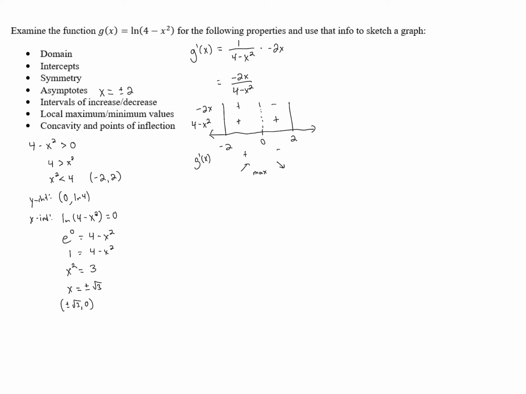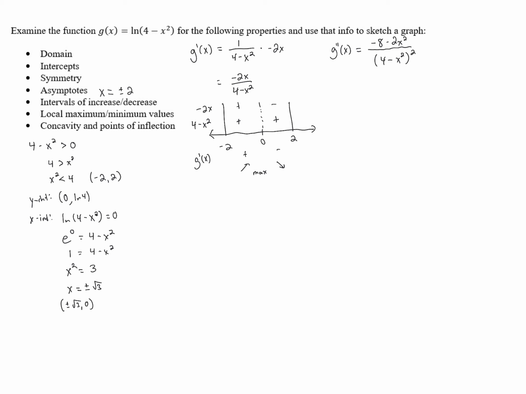Again, I am going to be lazy, and I'm going to just give you the second derivative and ask you to make sure you can calculate this on your own. It is a rational function, the first derivative, and so when we differentiate that, we use the quotient rule. We will end up with -8 minus 2x squared all over 4 minus x squared, quantity squared.